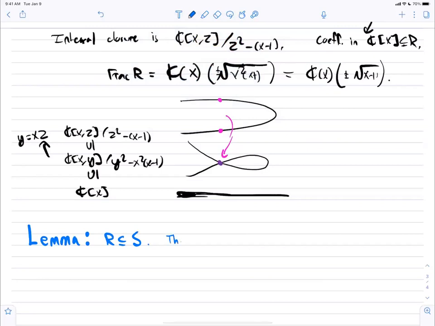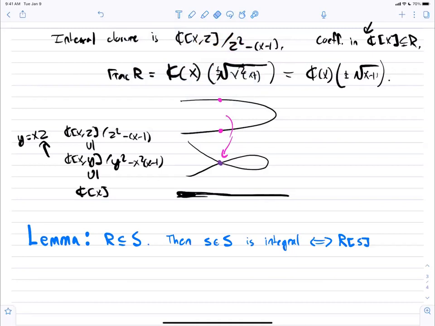Then an element s in S is integral if and only if the subring generated by R and s. This means the smallest subring of S that contains both R and this element s. That's one way to think about it. I'll say another way in a second.